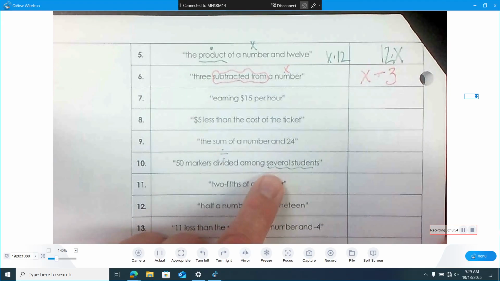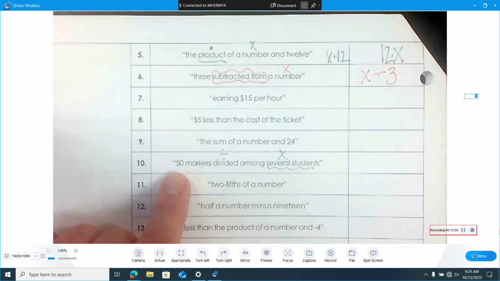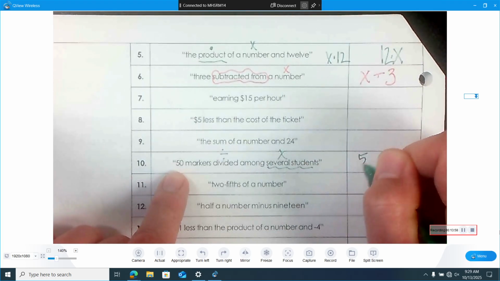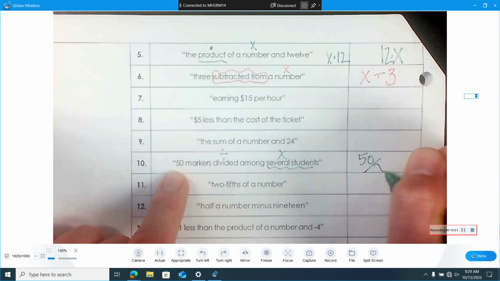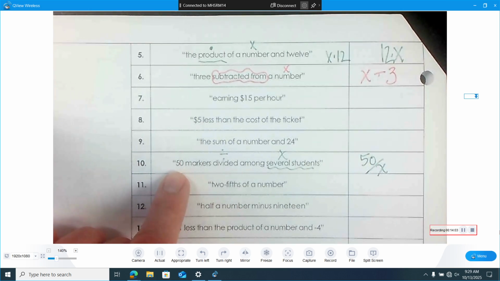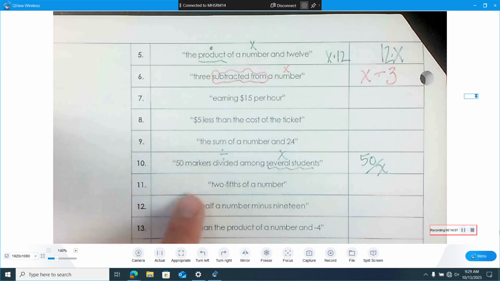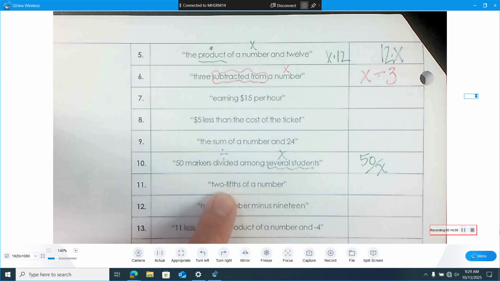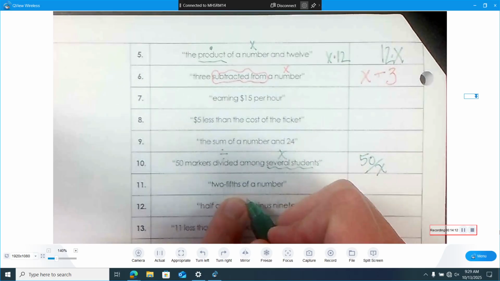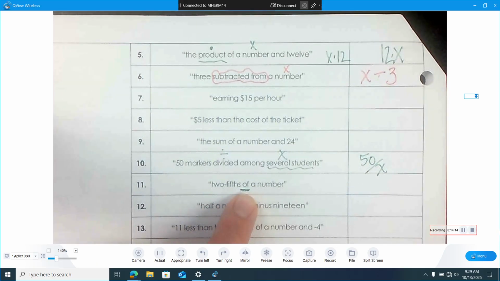No. What are we going to call it? X. Yeah. So 50 markers. I'm going to start with the 50 divided by several students. So 50 divided by x. What about number 11? 2/5 of a number. What does of mean for us?